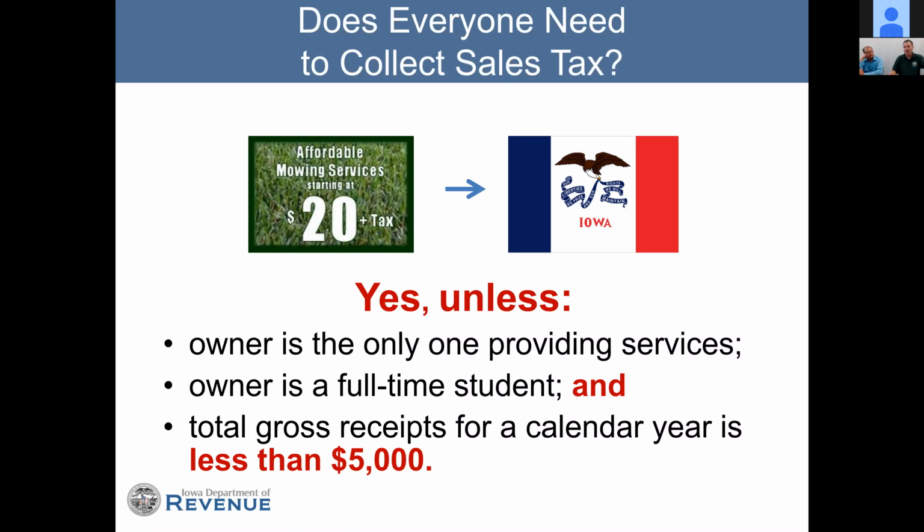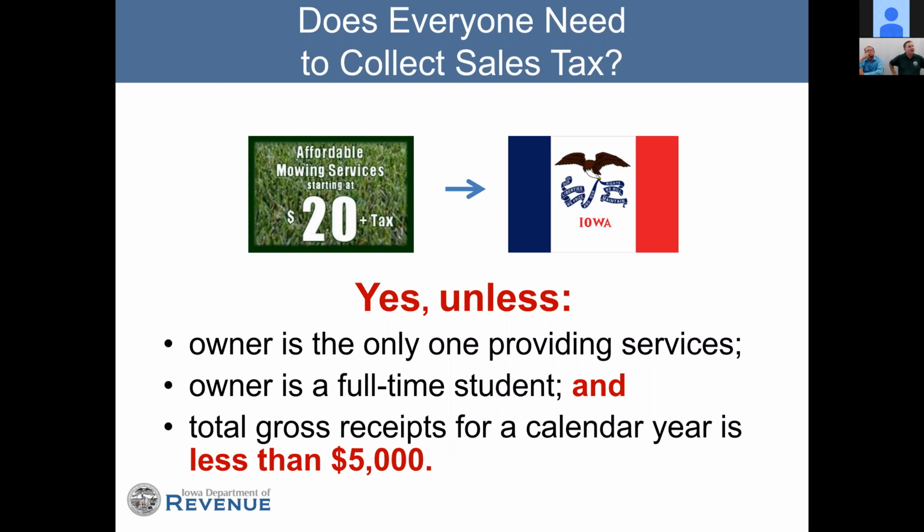But if they're mowing my lawn, and then I've got a few bare spots, so they're going to go out and seed, that's all considered to be part of lawn care service. And since the total's over $5,000, it's going to be taxable. Okay, so it's an umbrella. Yep, that it is, because seeding and the things that I mentioned several slides ago are all part of lawn care services. Gotcha.